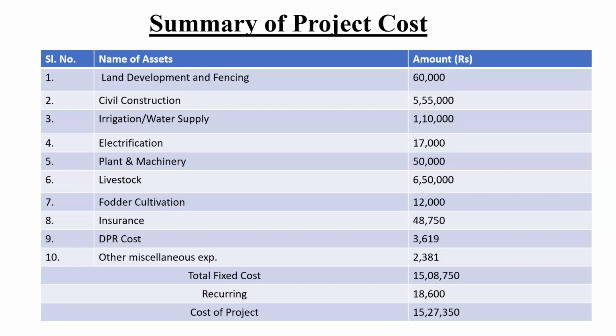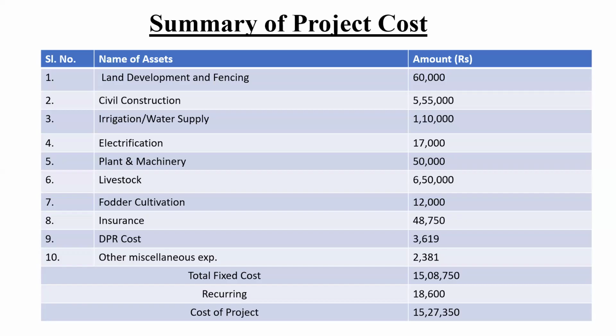Irrigation and water supply, which is necessary for all practices like washing, cleaning the utensils, and drinking purposes, costs around 1,10,000. Electrification is around 70,000, and plant and machinery around 50,000.